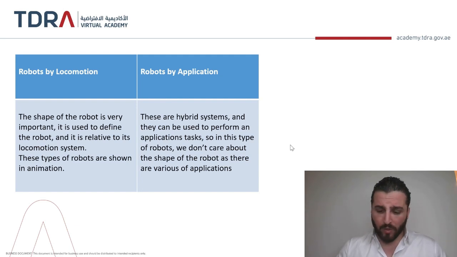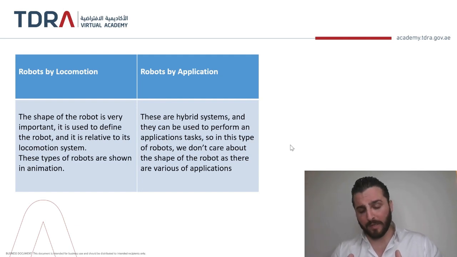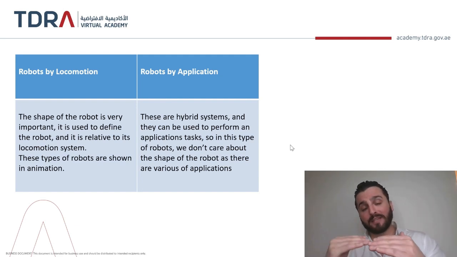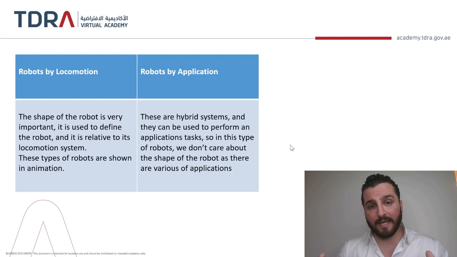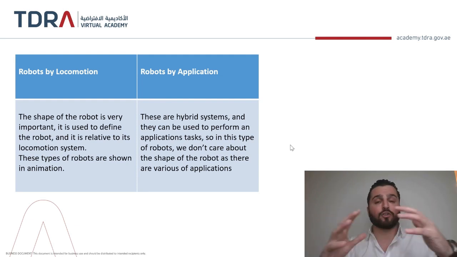And when we want to move any organization, or even a country or a government, from the digital transformation level to the intelligence transformation level, we need to consider eliminating the routine jobs or tasks in any ecosystem.